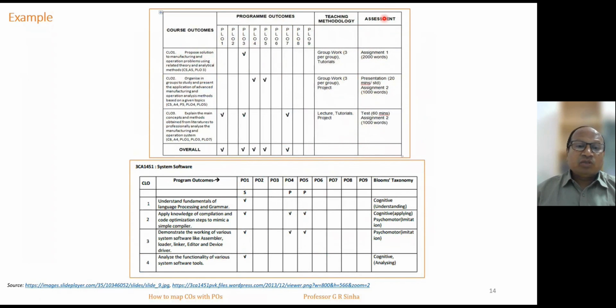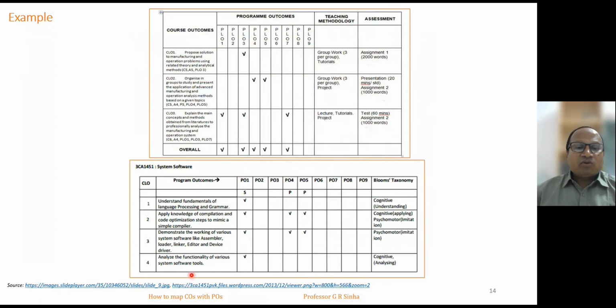Talking about the assessment, how the course outcome was evaluated, how a particular course was evaluated. So when you did a test or assignment of 1,000 words or 10 marks, you will have a complete report that will tell what was the performance of the student in that particular component of assessment. Accordingly, you will be able to say, on average basis, how many students actually performed well in that course outcome using that assessment tool.